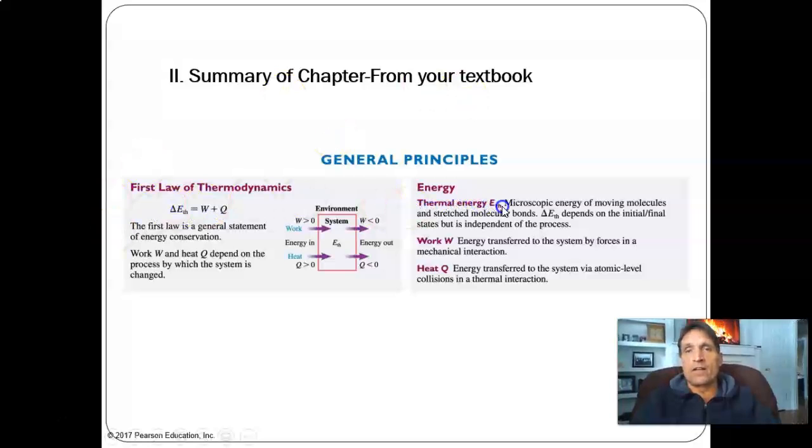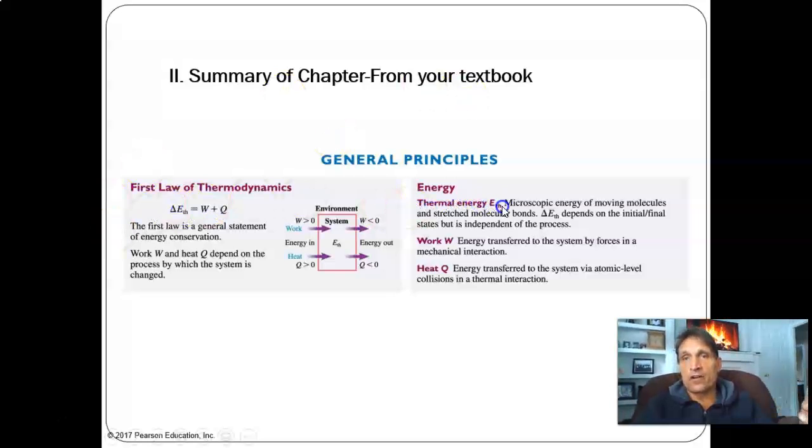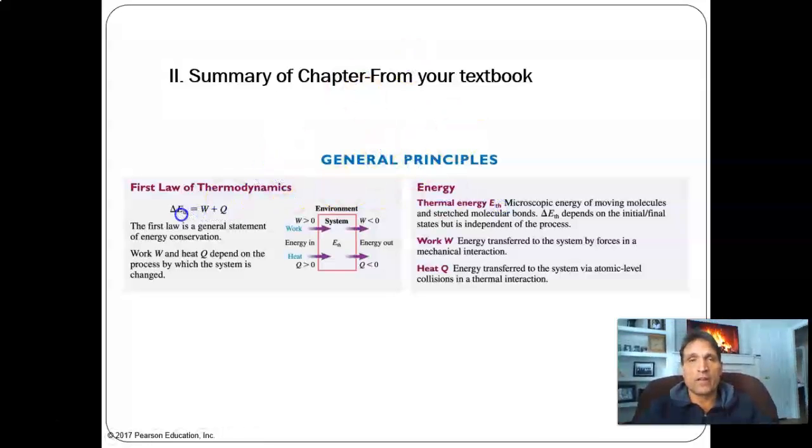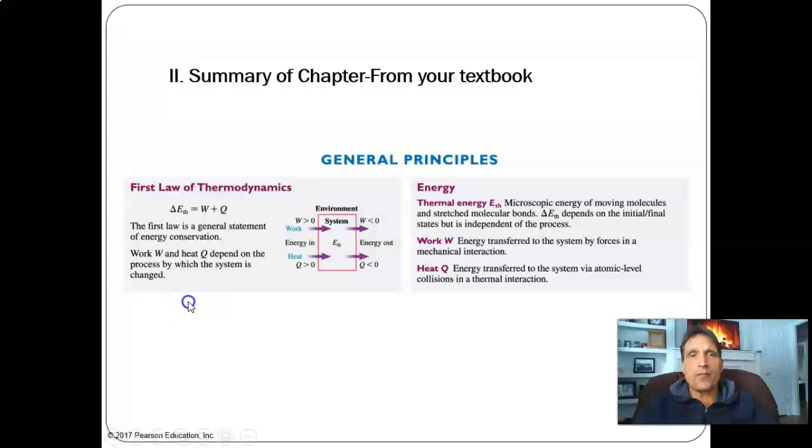Remember, the thermal energy just depends on temperature, and that's the measure of the microscopic energy of the molecules due to kinetic energy and potential energy. So work done on a body and heat added give rise to changes in the thermal energy. So that's the first law of thermodynamics.